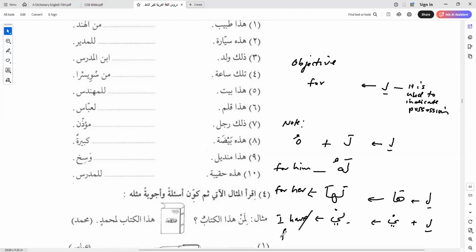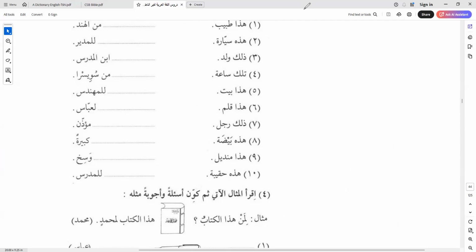So lahu can be he has, that's also a possession, or laha can be she has. But for the sake of this lesson, we are looking at li particularly.